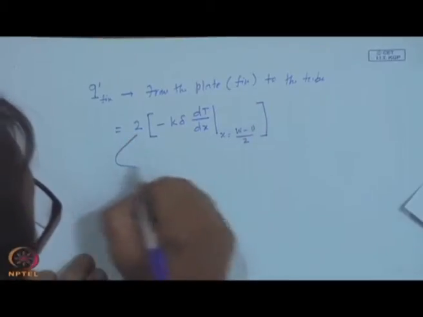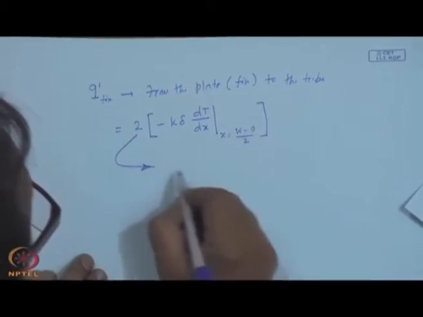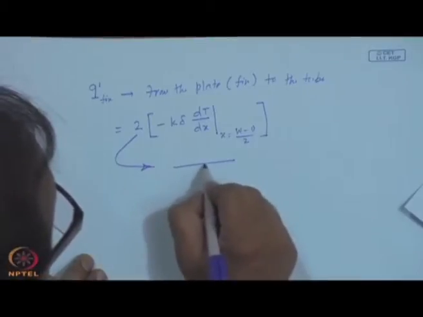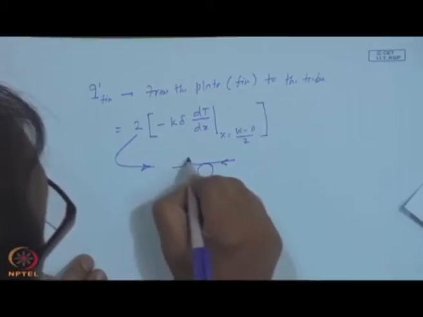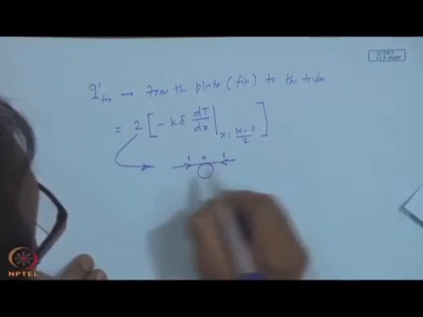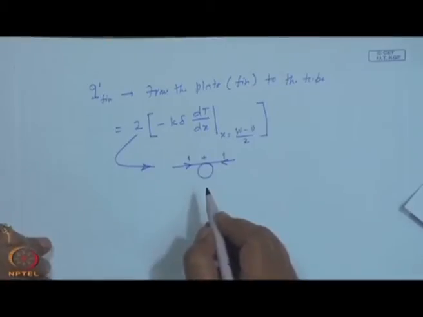This 2 comes from there being 2 halves, 1 plus 1, that becomes 2.